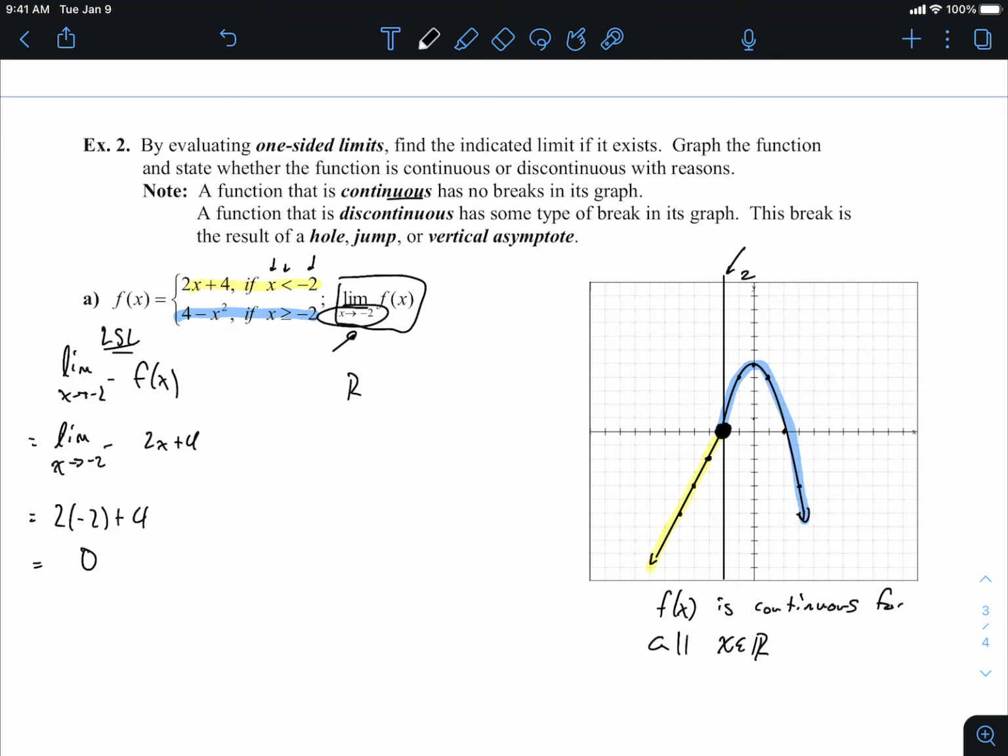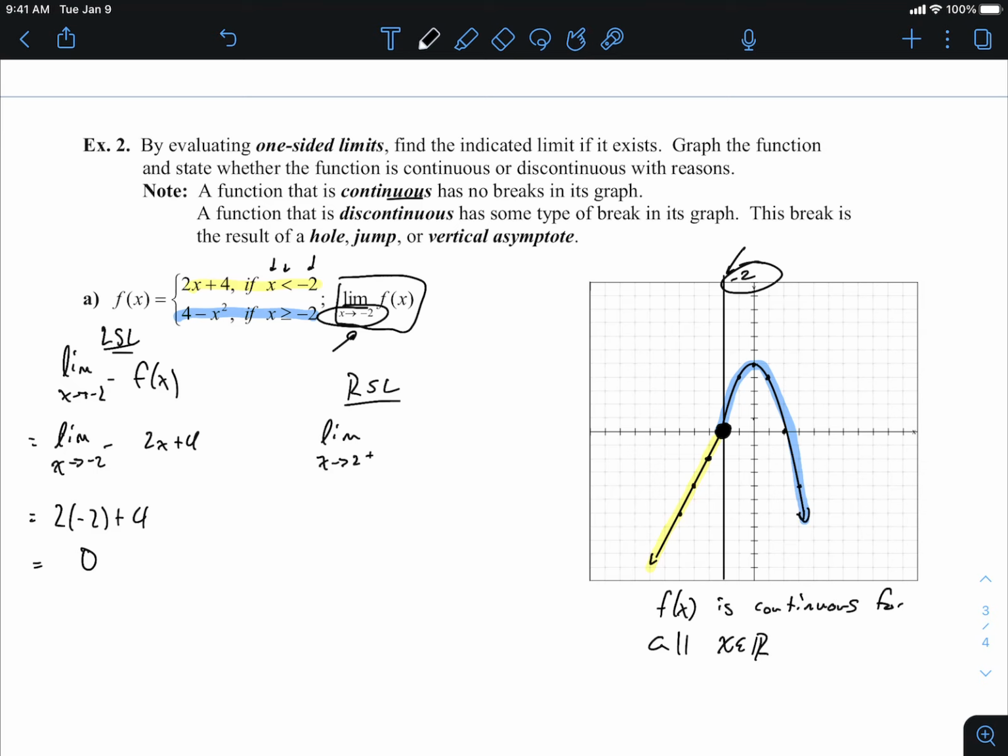Then if we jump over and check the right side, I'm going to check the limit as x approaches -2 from the right. That's the blue graph, which is on the right side of where we're actually checking the limit, as x approaches -2.